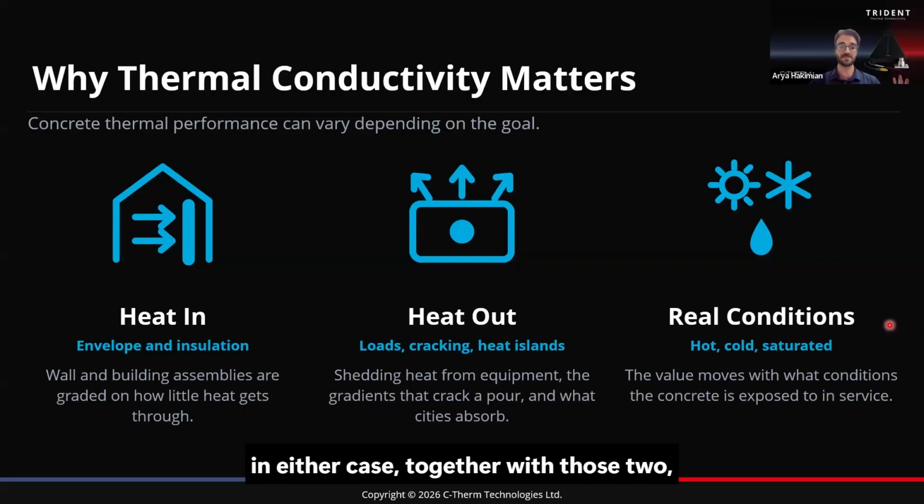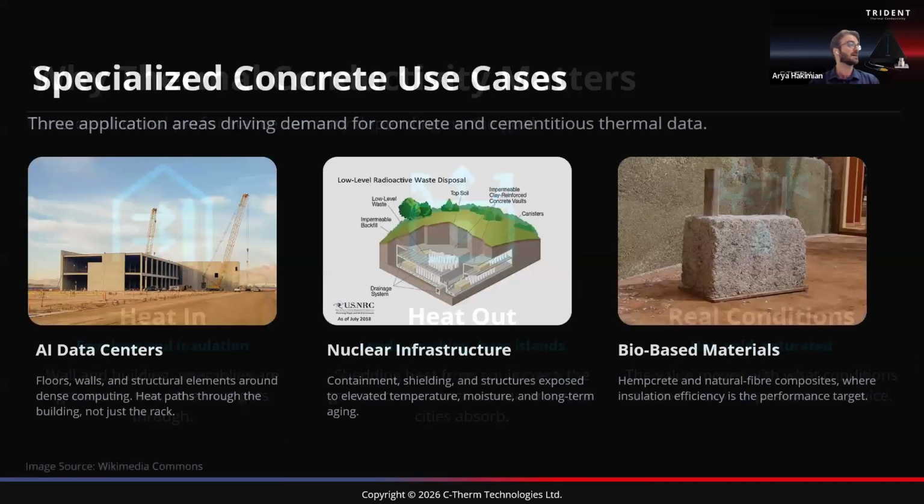And in either case, together with those two, the conditions that the material is subjected to, whether that's hot or cold environments, moisture and saturation, these different variables will impact your effective performance. So being able to quantify your material under those conditions is going to be really important. And again, something that we'll talk about here today.